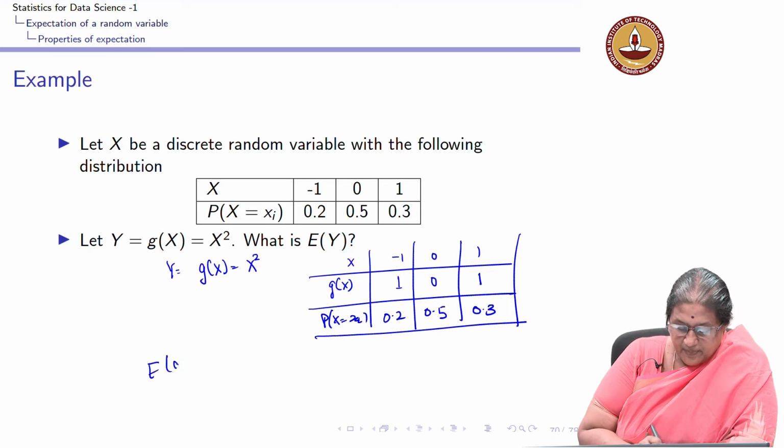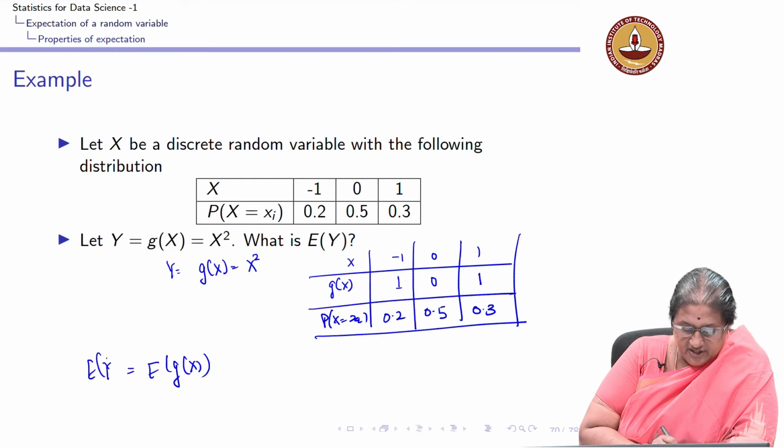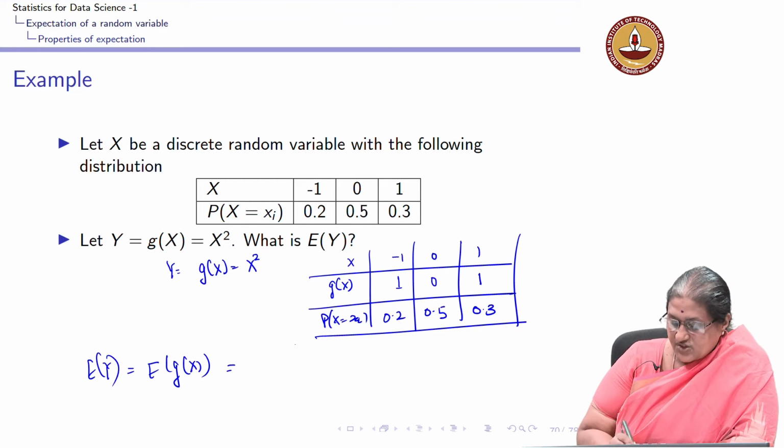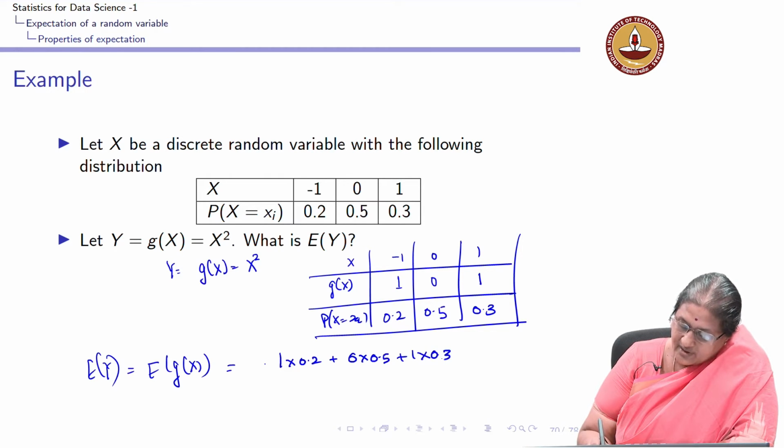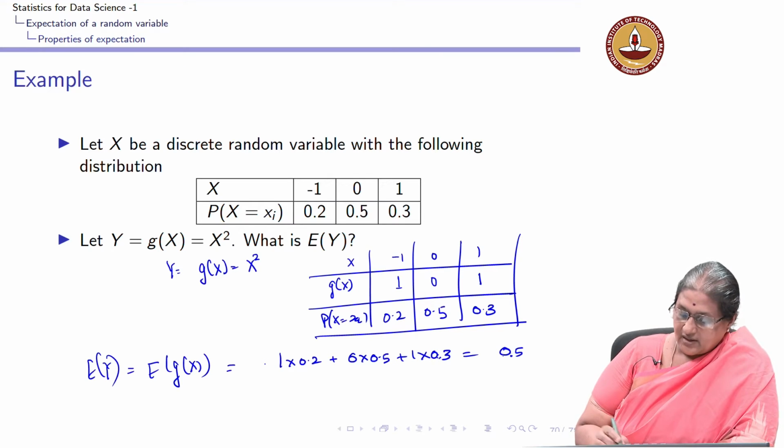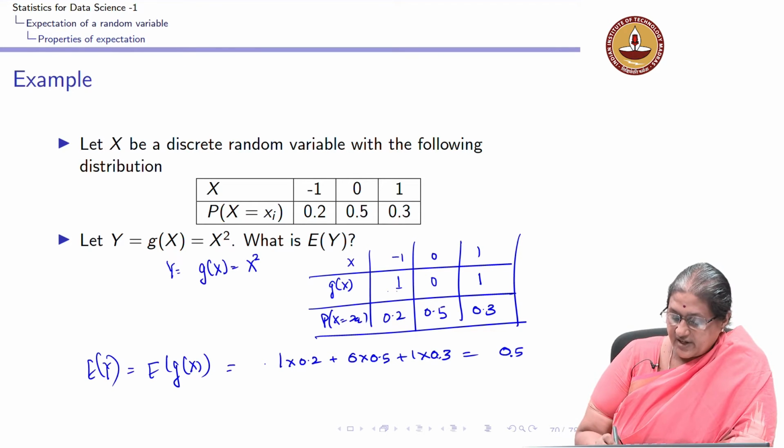So, my expected value of g of x, which is my expectation of y, is going to be 1 into 0.2 plus 0 into 0.5 plus 1 into 0.3, which is equal to 0.5. So, I have expectation of g of x is 0.5.